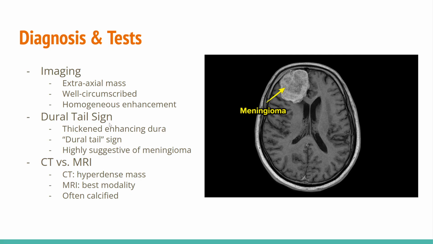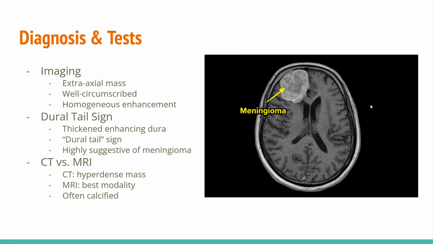Another important thing, the dural tail sign, is an important feature of meningiomas, and it refers to the thickened enhancing dura adjacent to the tumor. It doesn't always mean that it's a meningioma, but usually if you see it, think of the meningioma, okay? And then on CT, meningiomas are often hyperdense and may show calcifications.